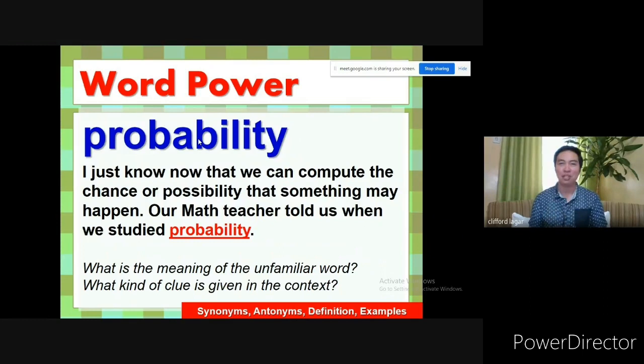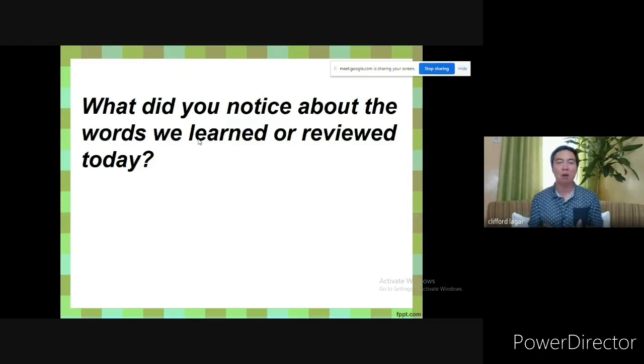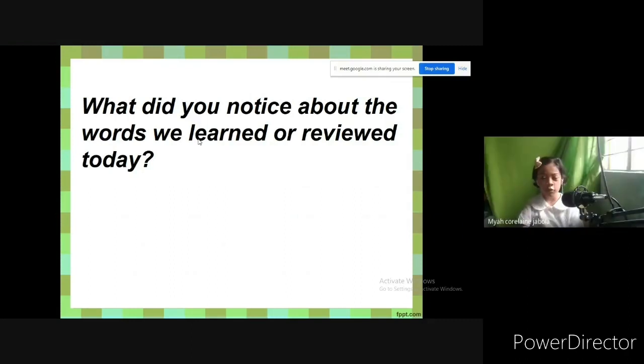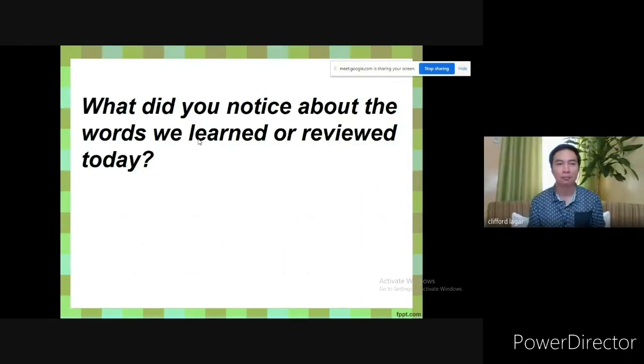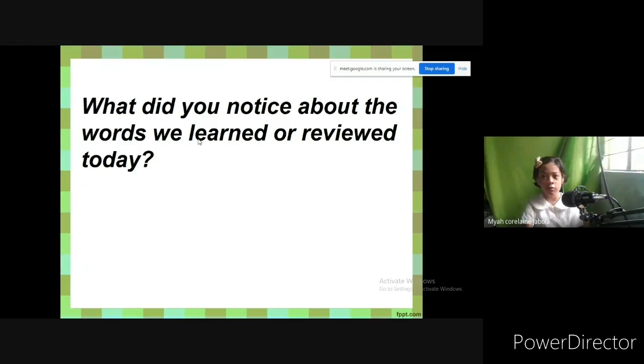So congratulations, grade 6, for doing a good job in our second activity. Now, what did you notice about the words that we learned or reviewed today? They are borrowed from mathematics, sir. Correct.